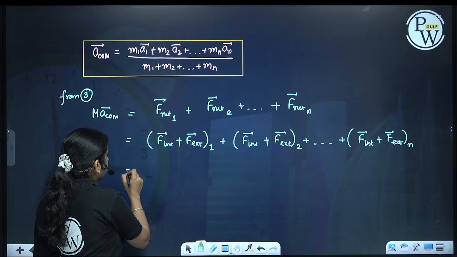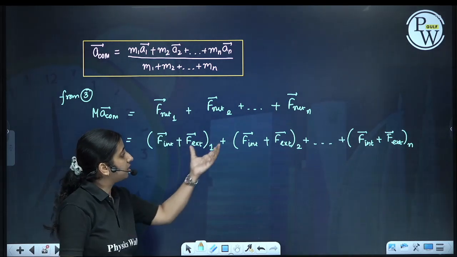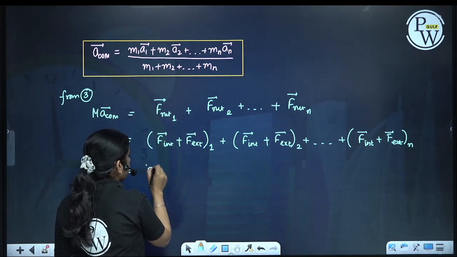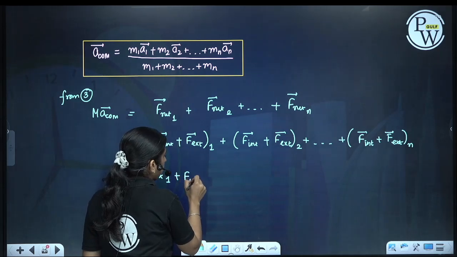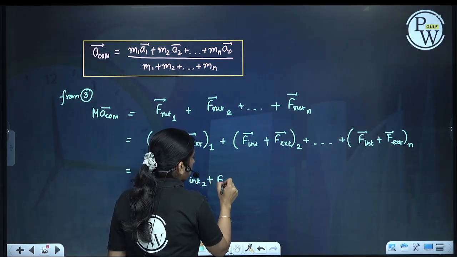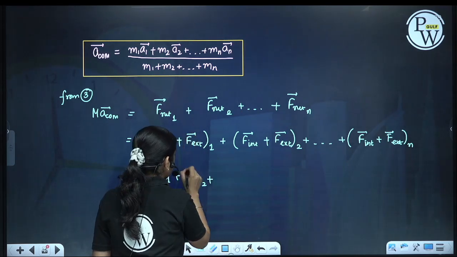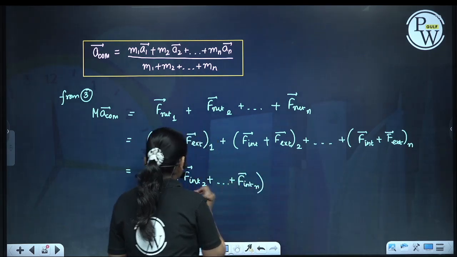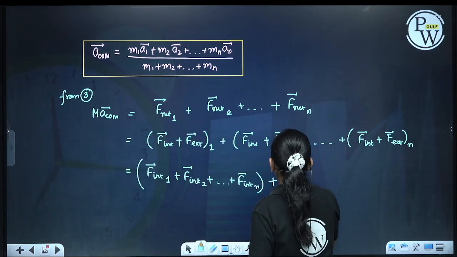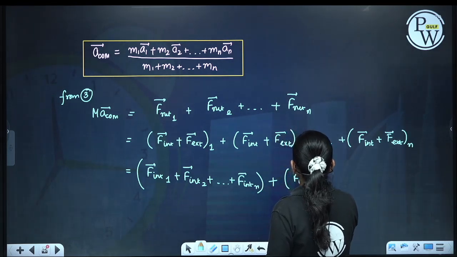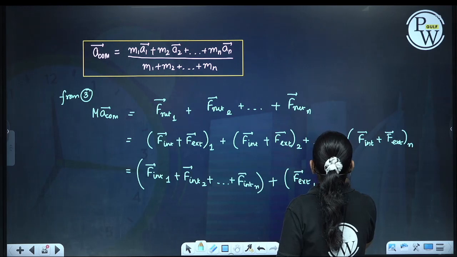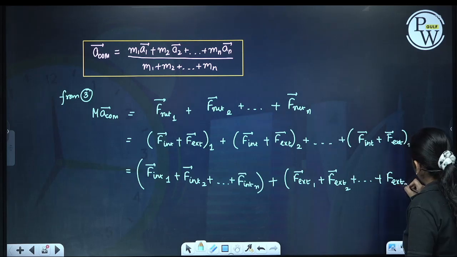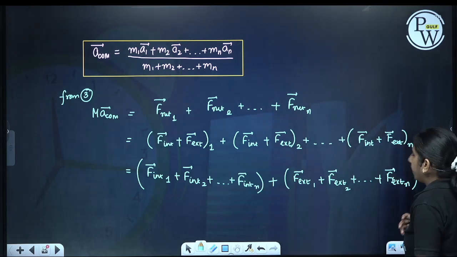So we can write this as the internal force on 1 plus the internal force on 2 plus the internal force on the nth particle, and similarly the external force on 1 plus the external force on 2 plus the external force on the nth particle. This is how we can write this equation.